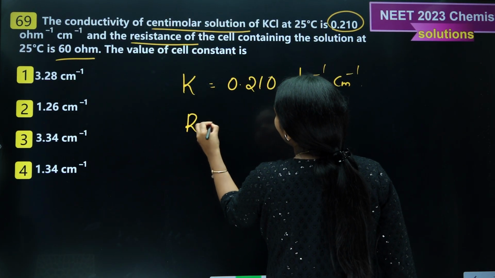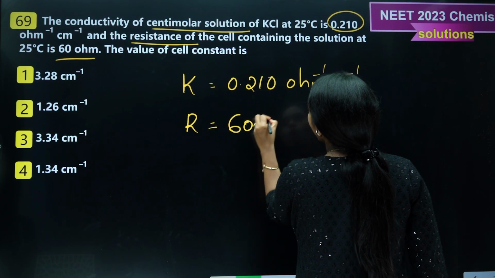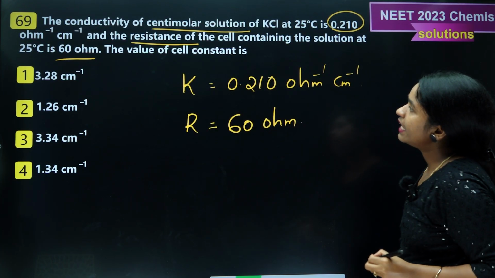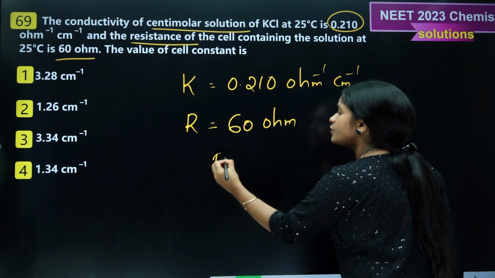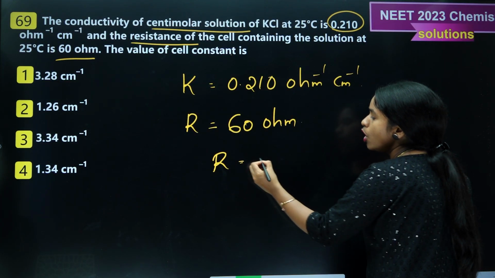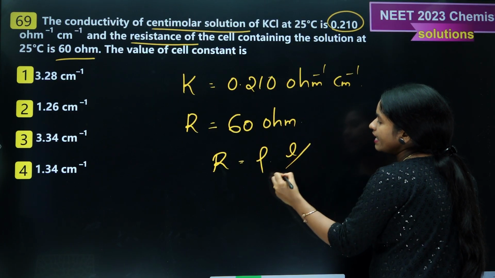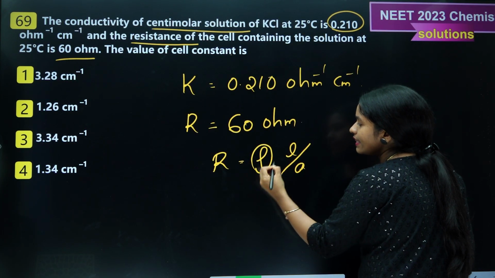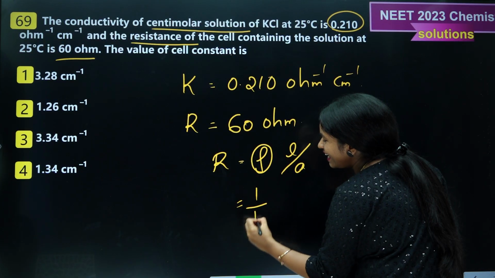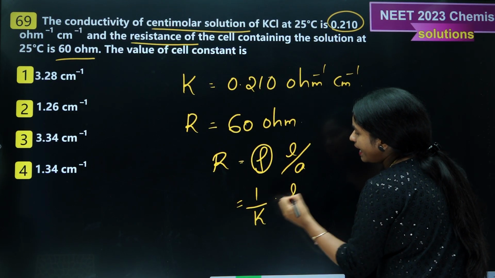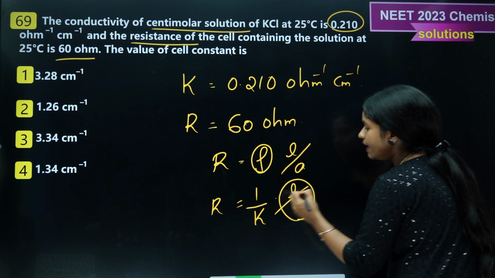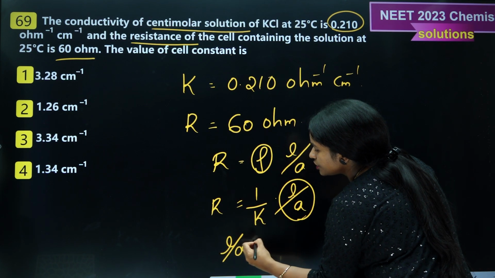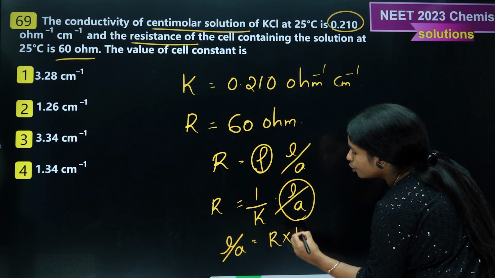They are asking for the cell constant value. So what is the formula, students? R is equal to rho into L by A. Rho is nothing but 1 by K, the conductivity. So 1 by K into L by A is equal to R. So L by A, our cell constant, is equal to R into K.